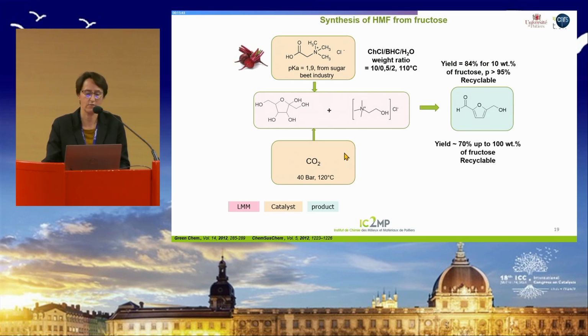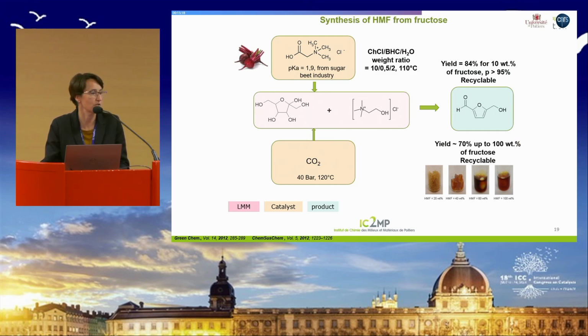Why can we do it with carbon dioxide and why can we not do it with betaine hydrochloride? We made some tests, and in fact, when we have the formation of HMF, we can have a deep eutectic solvent that is formed between HMF and choline chloride. Normally you should be a little bit surprised about that. If you have a deep eutectic solvent, why do you not have it when you are using betaine hydrochloride?